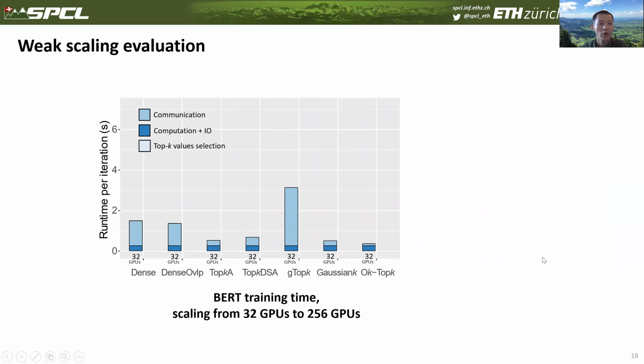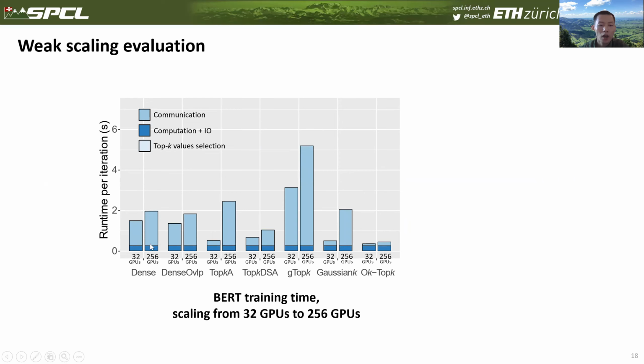Next, we present the weak scaling result for BERT pre-training. These bars show the result on 32 GPUs, in which the dark blue block represents the computation cost, and the blue block represents the communication cost. We can see Ok-Topk achieves the lowest communication cost.